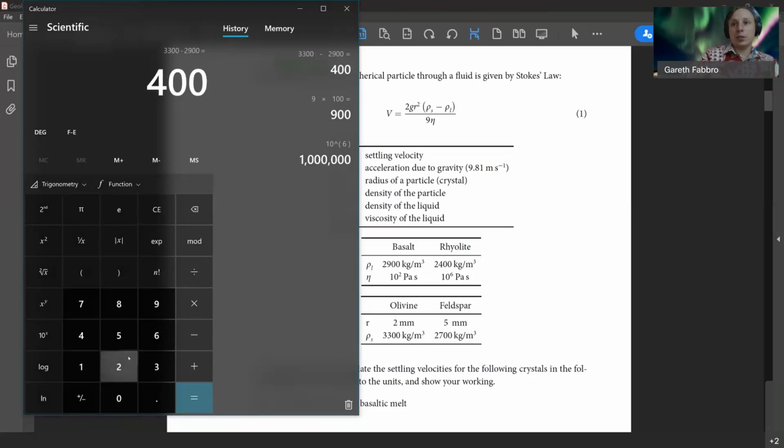Just to make sure you square your r. That will be 2 millimeters. And here's where it's important to get your units right. I suggest you always use SI units. So that is meters, kilograms, joules, pascals. And that way, whatever you get out is going to be in SI units.